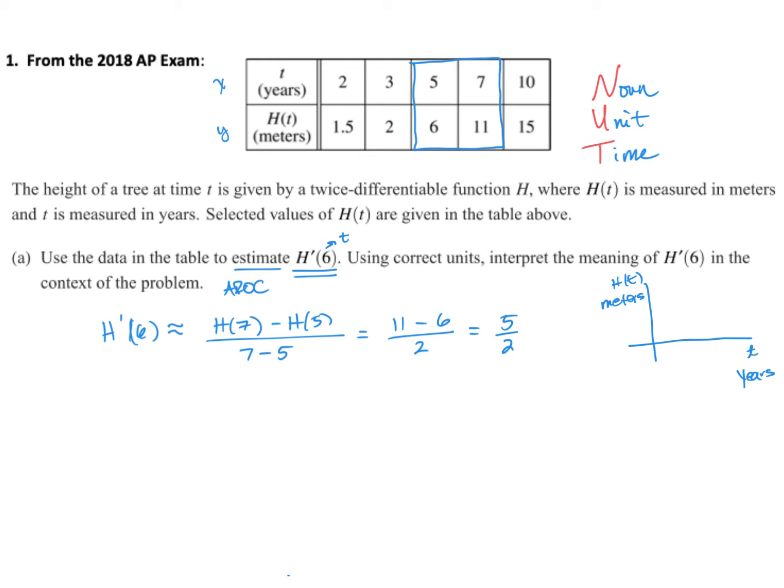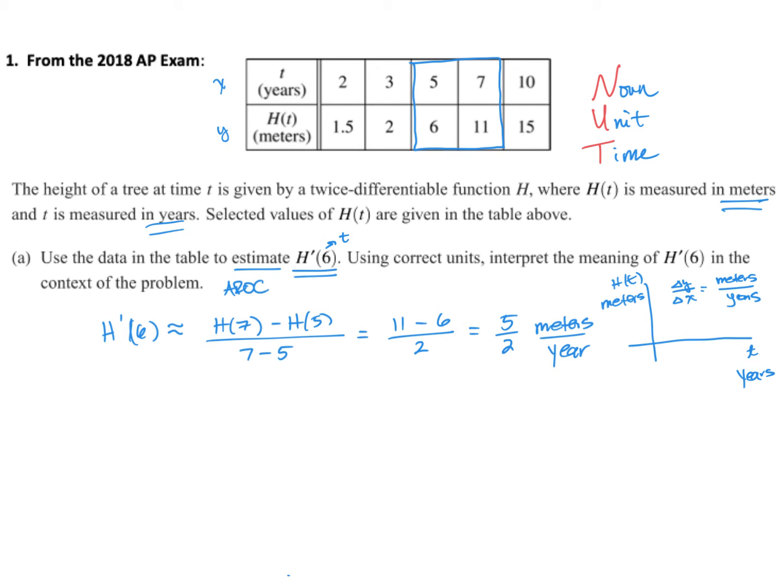And don't forget, again, AROC is just the regular old slope equation, which is change in y over change in x. And so the y is going to be meters, and the x is years. So you don't have to do this chart, but if you're ever confused about what your units are, you could do that. So it's just meters here and years here. So it's 5 over 2 meters per year.